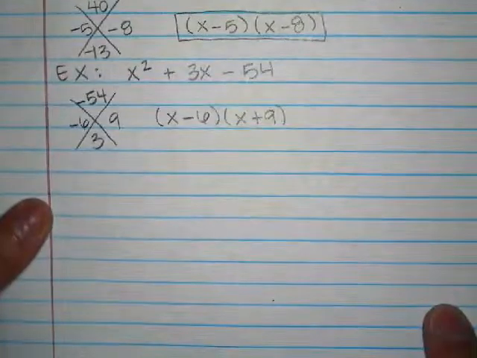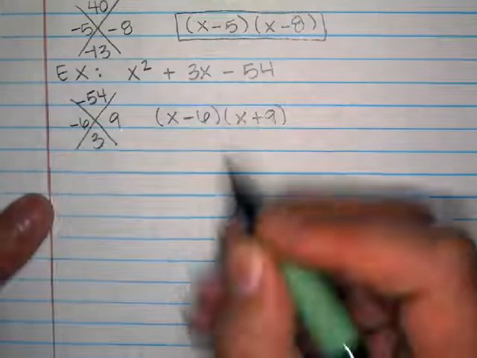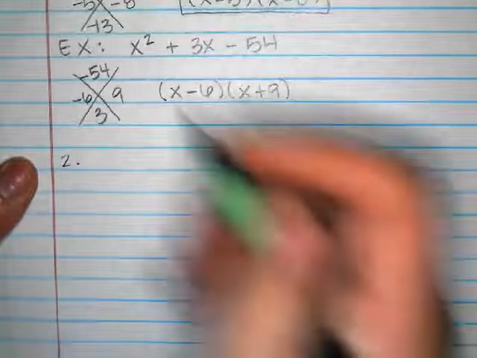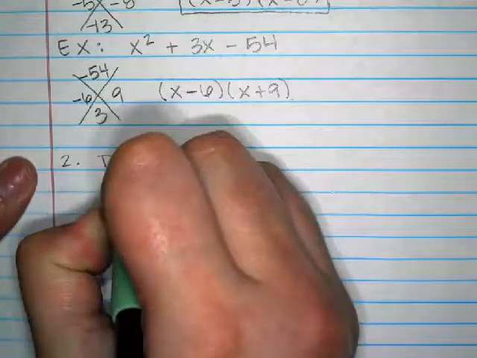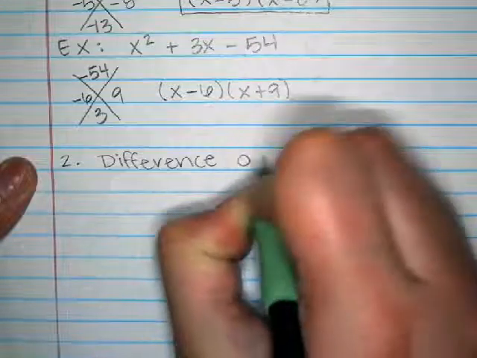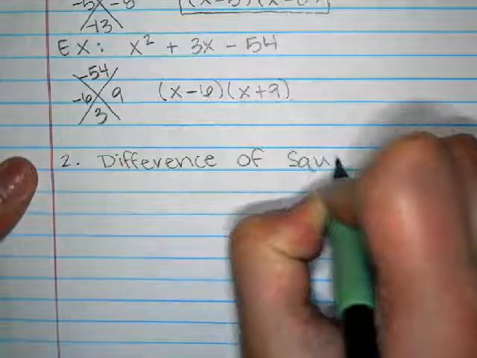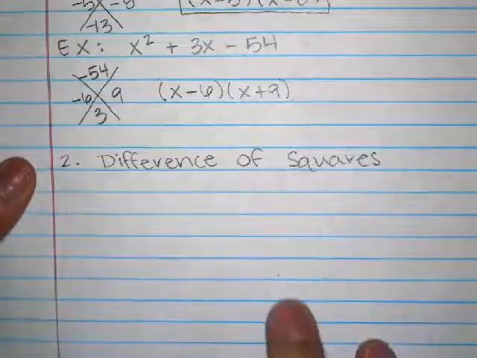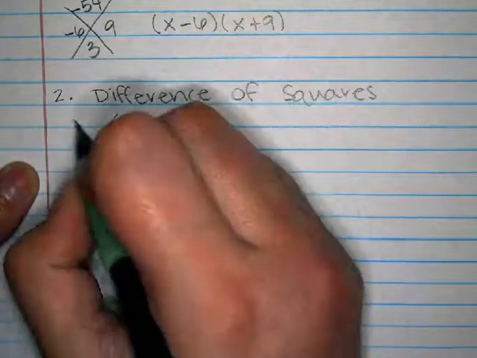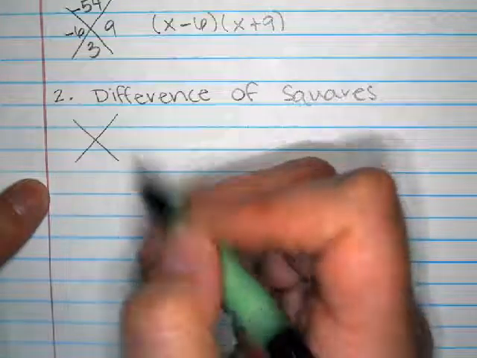Okay. So now I want to show you another type. And this one is called difference of squares. Difference of squares. I'm going to show you, oops, don't write that yet.